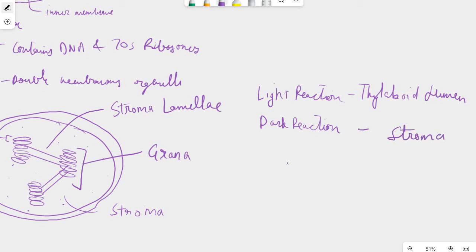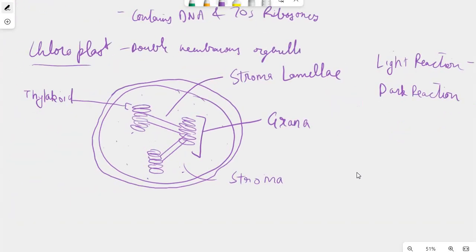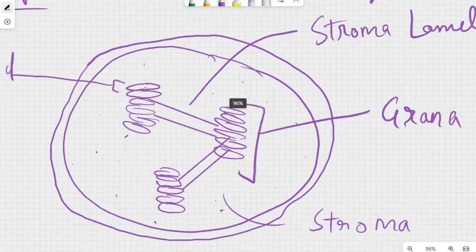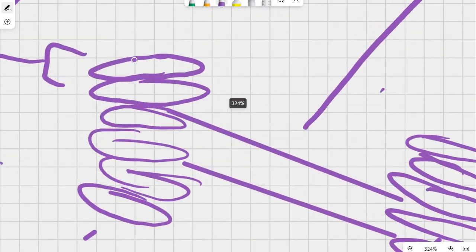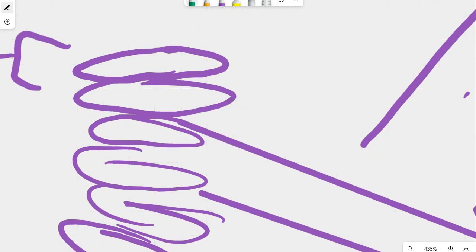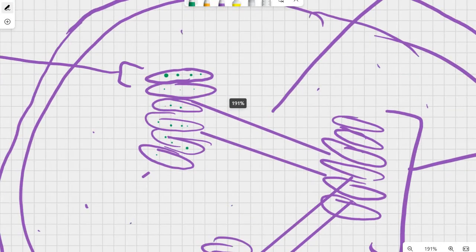Basically the light reaction is photosynthesis. And of course one more thing, on this thylakoid, let's zoom in. To make it more clear, let's use green color. On the thylakoid, something like this is present. So on the thylakoid, a pigment called chlorophyll is present.